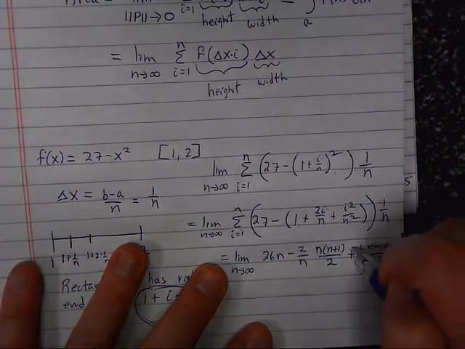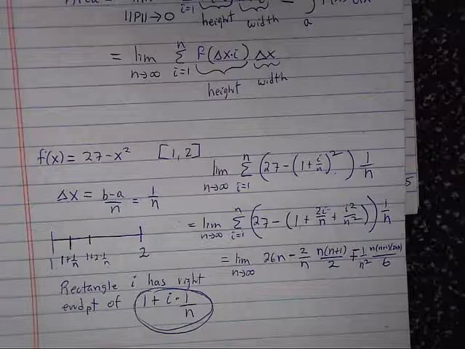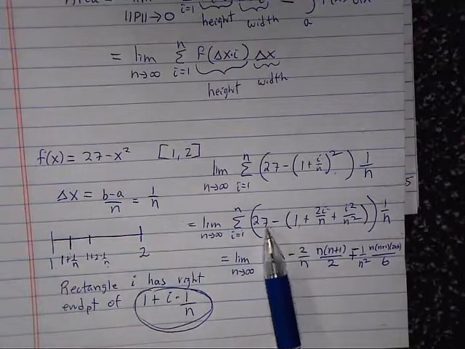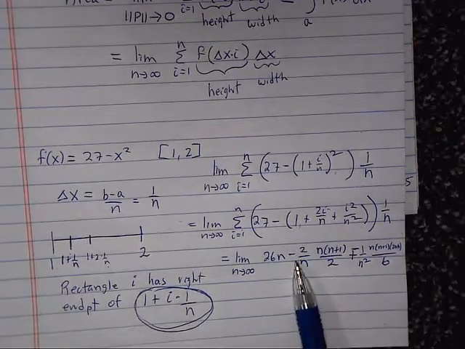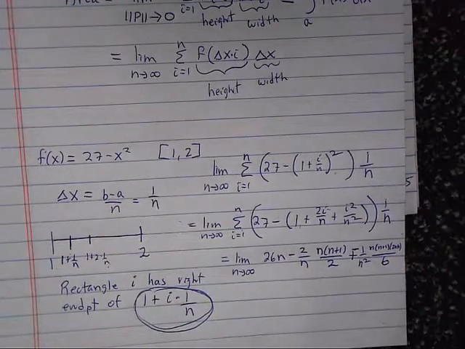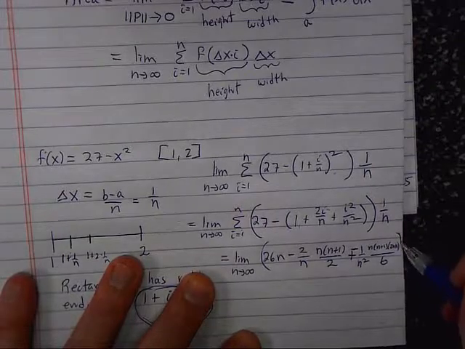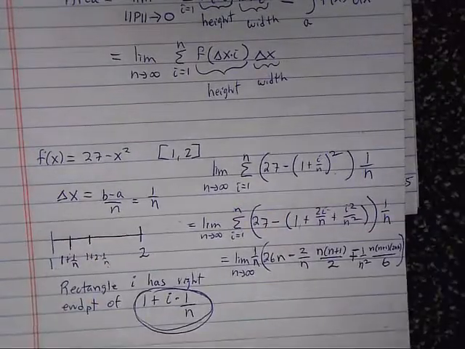It's right there. How's that? Absolutely, that one should be minus. Why should that one be minus? Because this negative has to be distributed through. So 27 minus 1 gives me the 26. That minus sign goes through. That one's a minus. The minus sign goes through. That one's a minus also. Correct. And then I kind of ran out of room, but this whole thing is still multiplied by 1 over n. I'm going to put it in front because I ran out of room at the end.